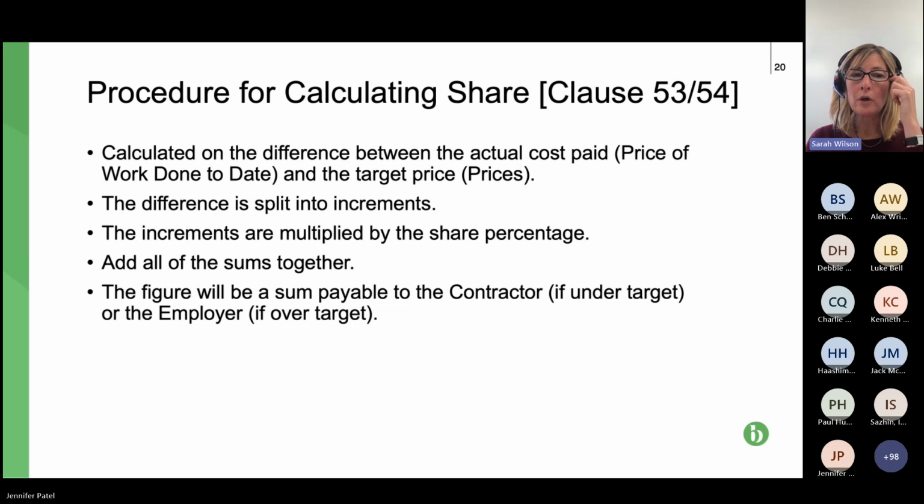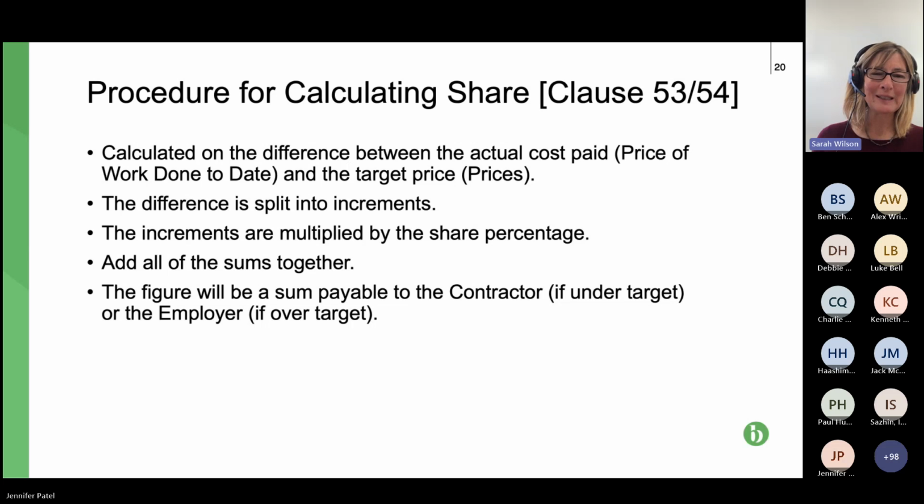And I've already said it's not just as simple as saying we're half a million under the target price, so we'll share it 50/50 or 25/75. The way it's set out in the NEC, as it says in the second bullet point, is that it's split into increments. I'm hoping that the quantity surveyors in the room will understand this.